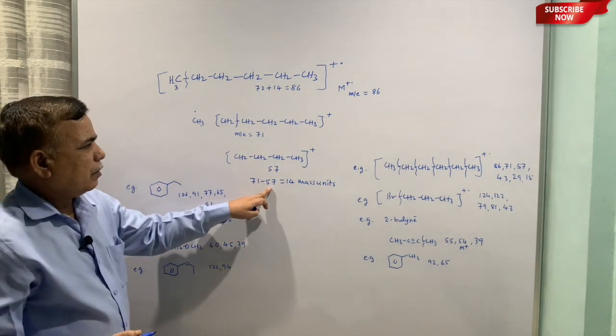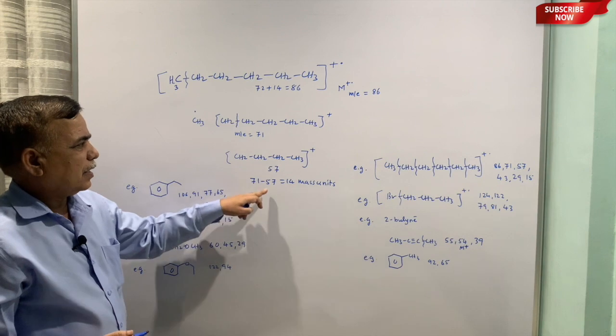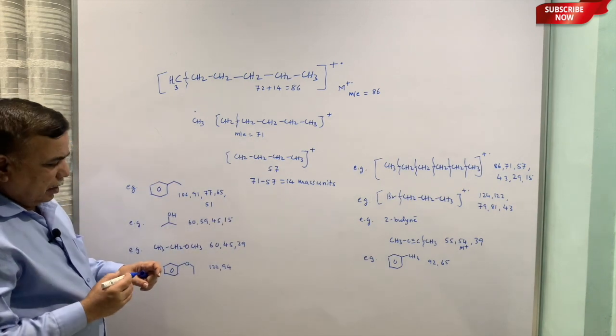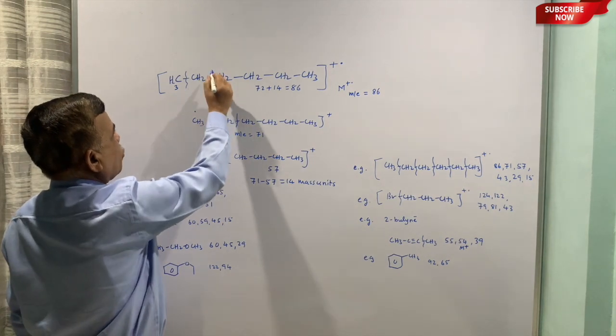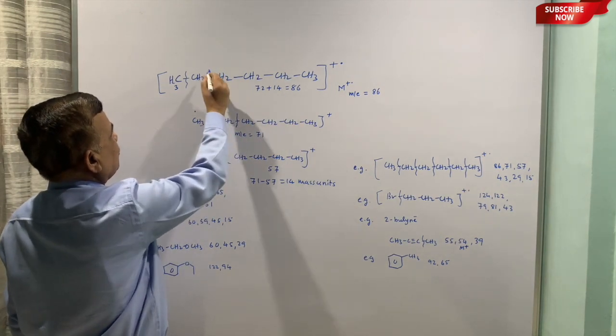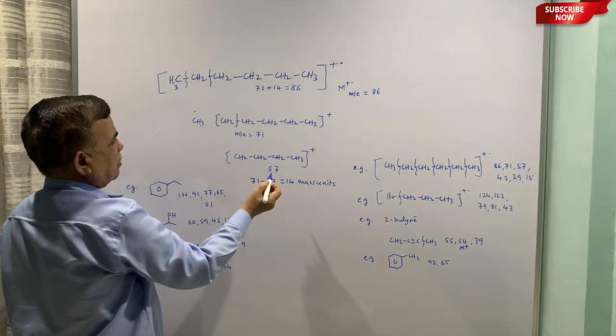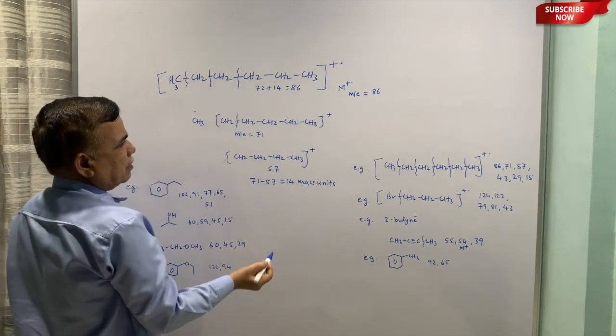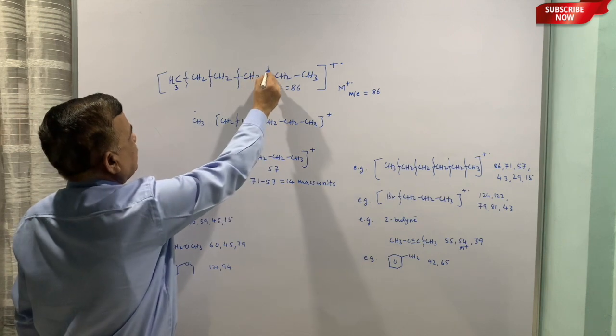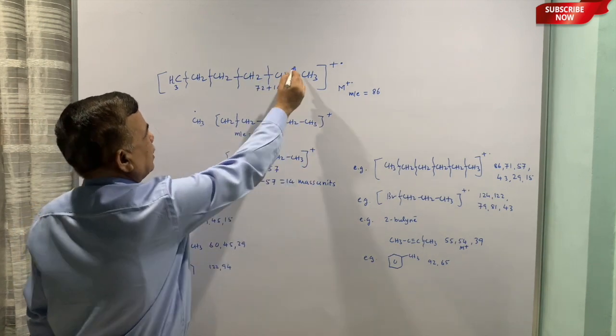Next will be 43, 29 and so on. And in the easiest way you can show that this is 71, this is 57, this is 43, this is 29 and this is 15.